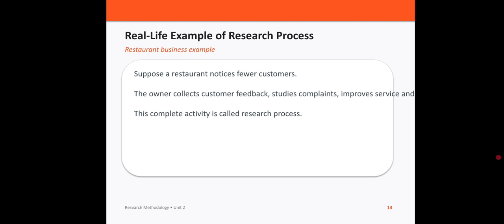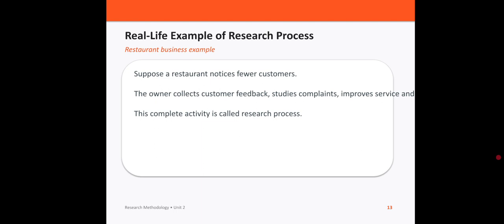Now let us understand the complete research process with a simple real life example. Suppose a restaurant notices fewer customers. The owner identifies the problem, collects the customer feedback, analyzes the complaints of the customers, and improves food quality and services.